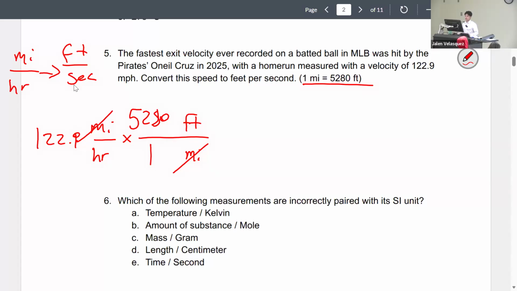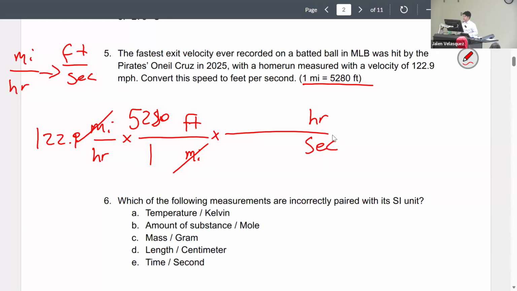But we want feet per second. So now you've got to deal with this unit of hours, right? So for this unit of hours to cancel off, where should this go now? Got to go on the top, right? It's always going to go opposite of where it's at. And what unit should be on the bottom here? Seconds.